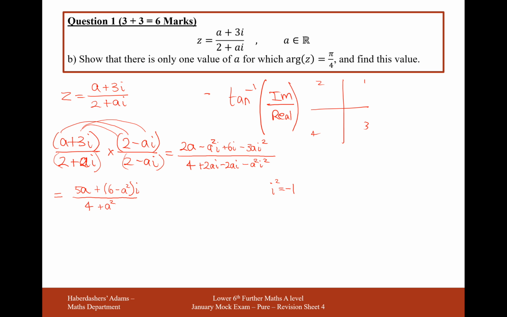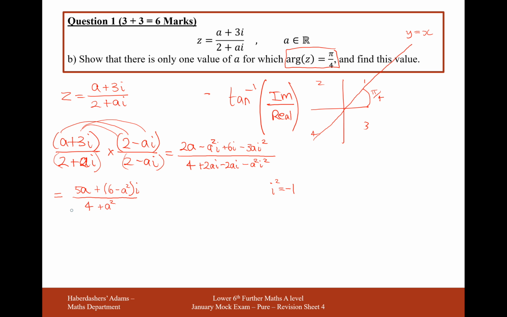Alright. So what we're going to do with this now is, if the argument of our complex number is pi by 4, then on the argand diagram it's going to appear on this line here, so pi by 4 here. And pi by 4 is exactly half over a right angle pi by 2. So it's going to lie exactly on the line of effectively y equals x, or the real part equaling the imaginary part.